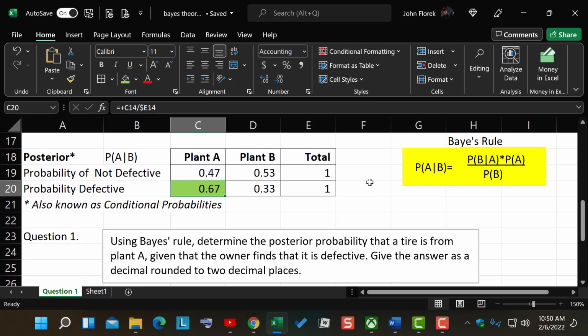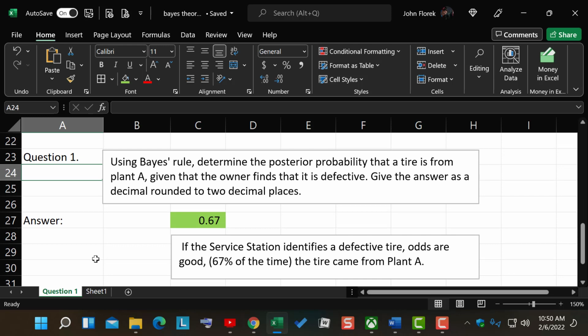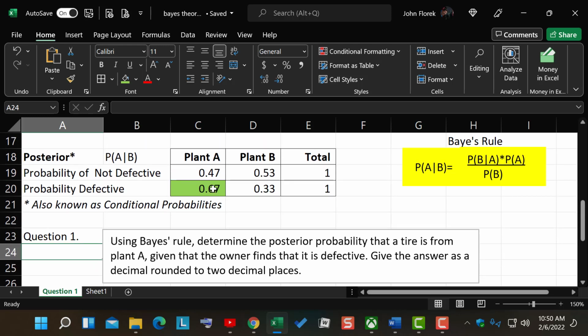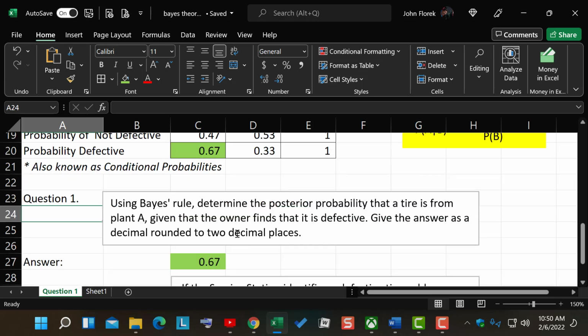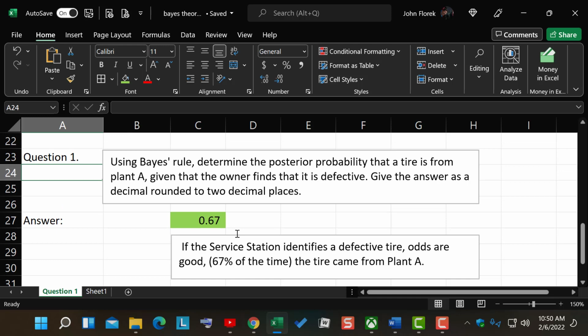So the question, using Bayes' rule, determine the posterior probability that a tire is from plant A, given that the owner finds that it is defective. And the answer is 67%. For a defective tire, the probability that it came from plant A is good, as you would imagine.